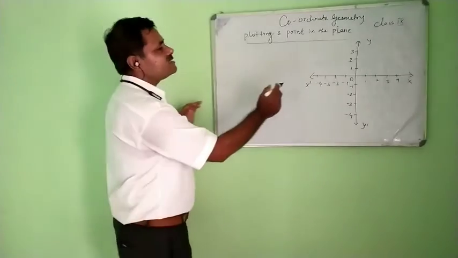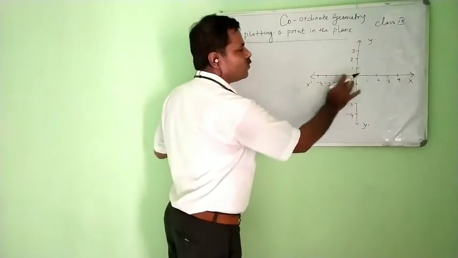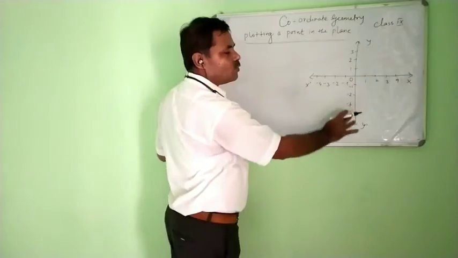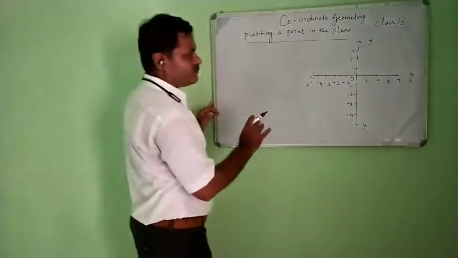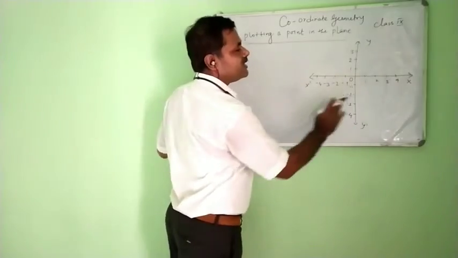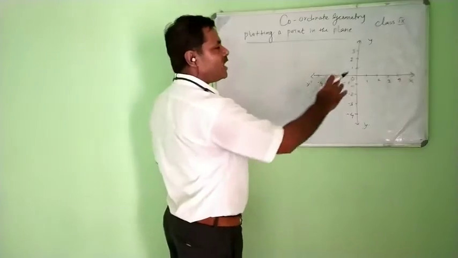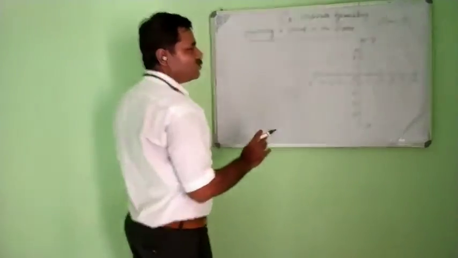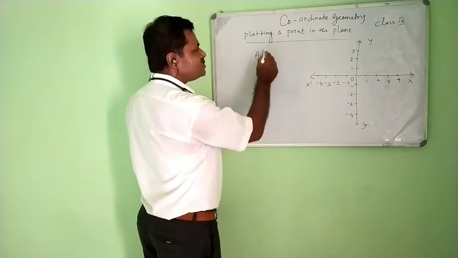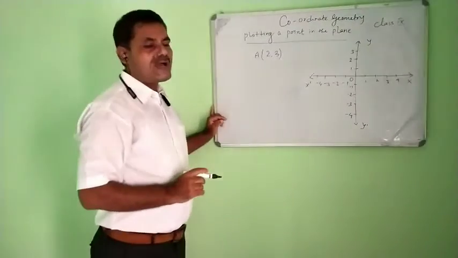See here, the horizontal line is XOX' and the vertical line is YOY', and the points are written over here: 1, 2, 3. The right side is positive, the left side is negative, upward is positive, downward is negative. Suppose a point A is to be plotted at (2, 3).